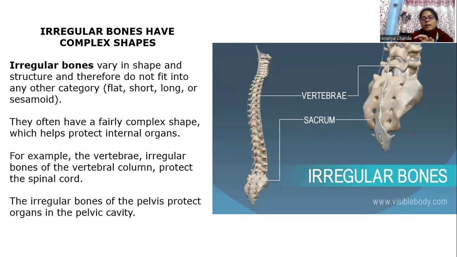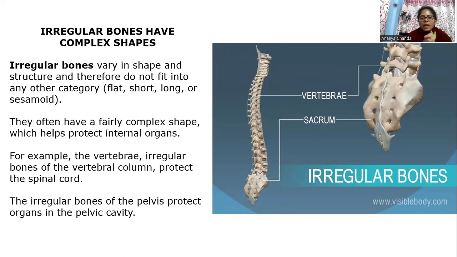Then come the irregular bones, which are complex in shape. Irregular bones are the sacrum and the vertebrae. Irregular bones vary in shape and have different structures, so they don't fit in the category of flat, short, long and sesamoid bone.